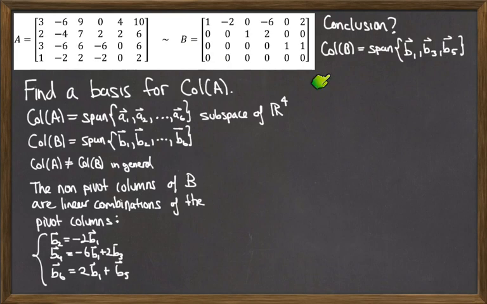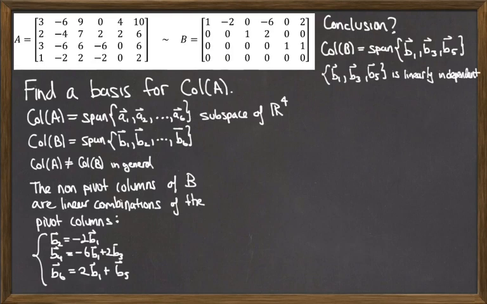So the column space of my row-reduced matrix is the span of just the pivot columns. And more importantly, if I look at those 3 pivot columns, that is a linearly independent set, because if I take those 3 vectors and form a matrix with them, I'll see a pivot in every column. And that's one of the equivalent conditions of being linearly independent.